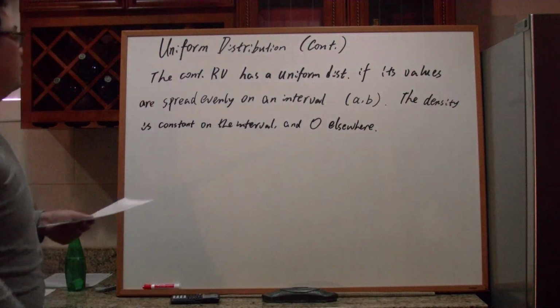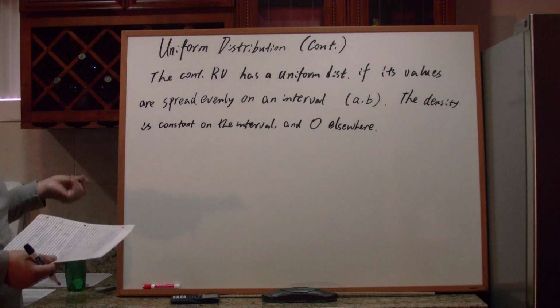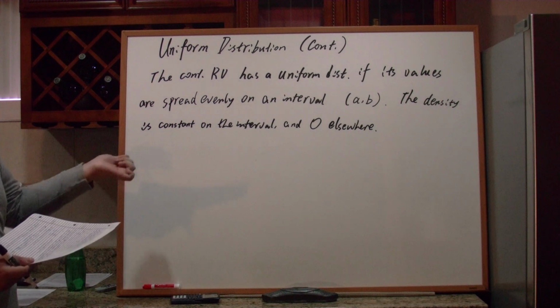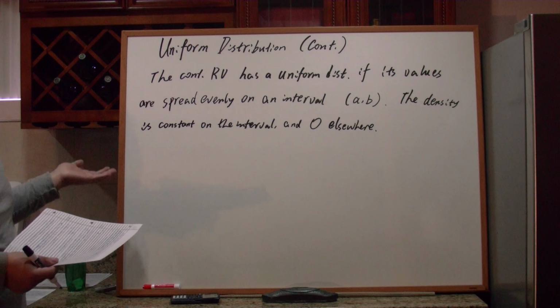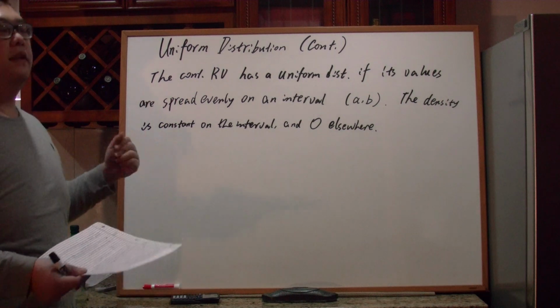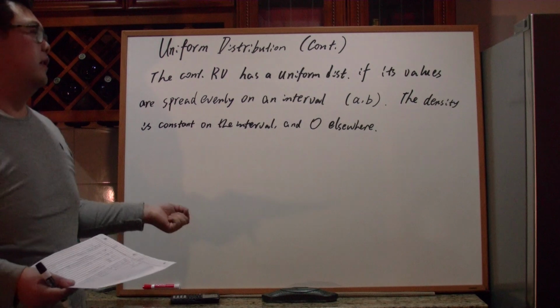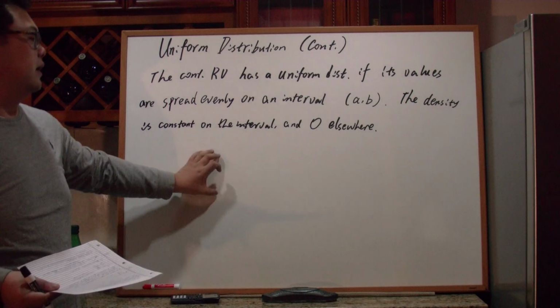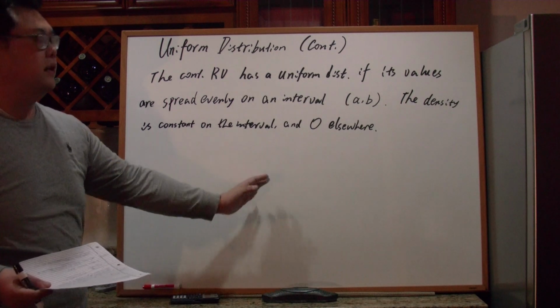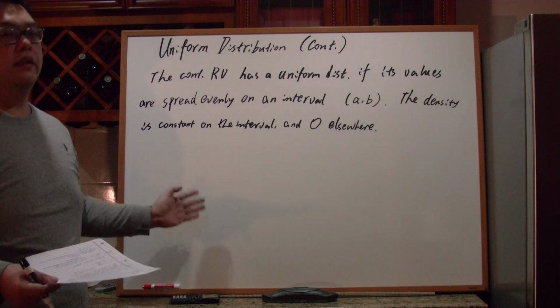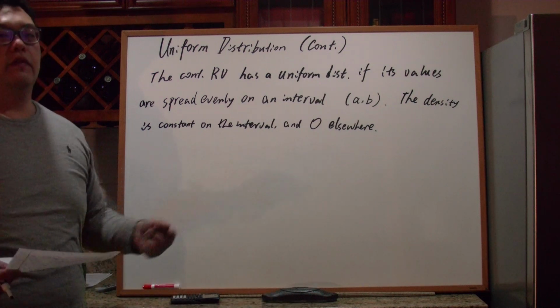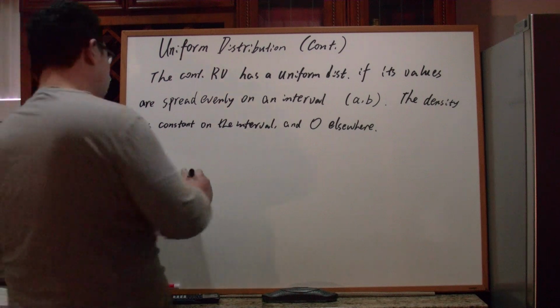Or uniform distribution means it's spread evenly on the interval a to b, but the density is constant on this interval and zero elsewhere, which means on the interval we get the probability for a certain range, and zero outside that interval.